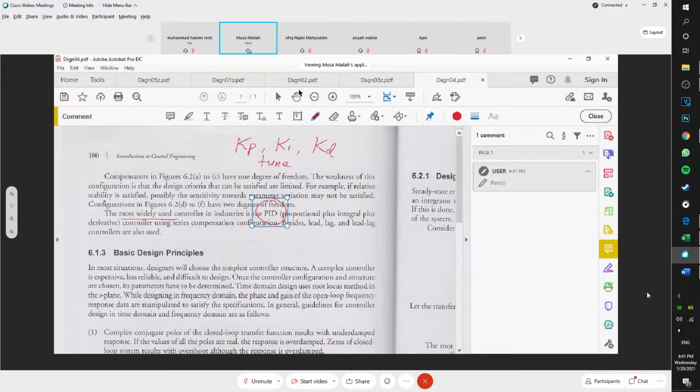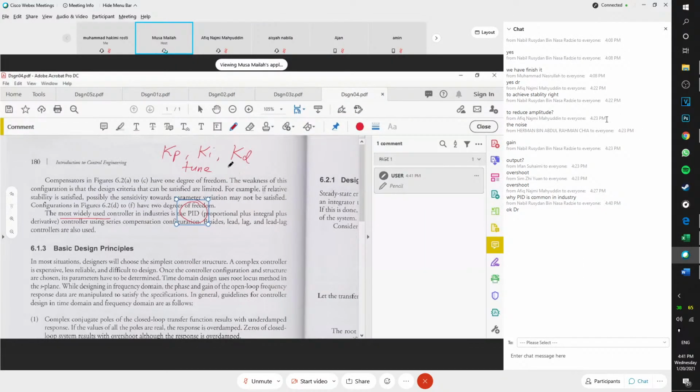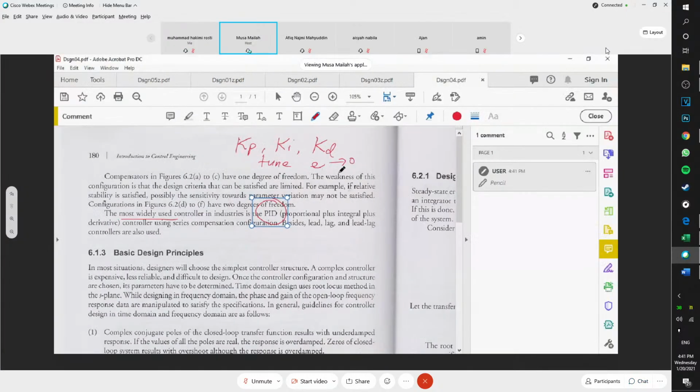So you have the problem of tuning your KP, KI, KD so that you can get your error approaching 0 and your Y equal to U. This is important. You see that there are many advantages, but sometimes this tuning problem causes quite a hassle for the designer and the user of the system.